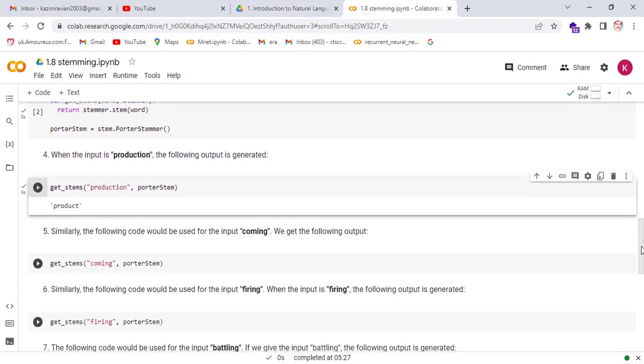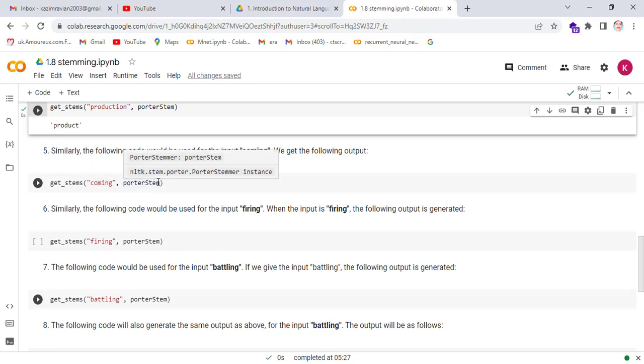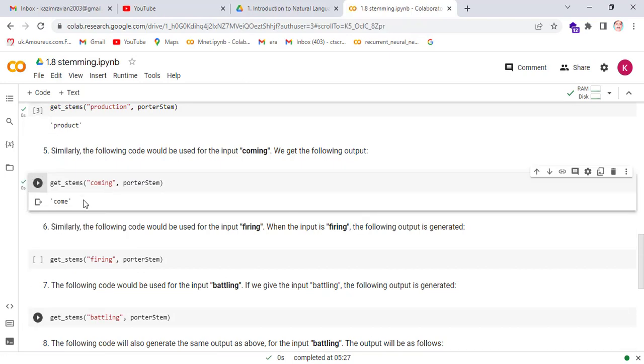Similarly, we see some more examples. Call the function get_stems and pass the word coming and the porter_stem algorithm, and then run the cell. We see coming is converted into its base form, come.